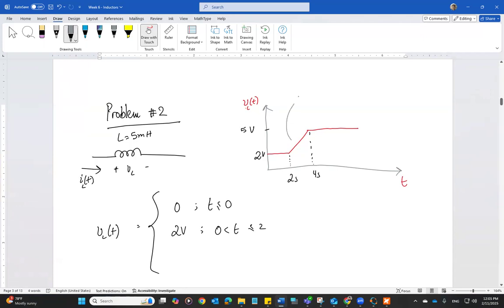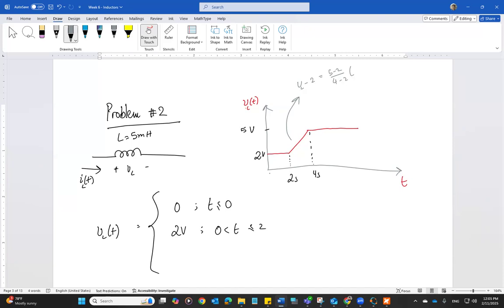So for this equation of the line, we have V minus V1. So V minus 2, VL minus 2 equals V2 minus V1, 5 minus 2, over T2 minus T1, 4 minus 2, times T minus T1.